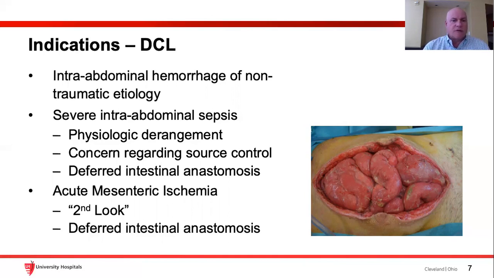Also in patients where there's concern regarding source control or deferred intestinal anastomosis, such as one that would be placed in a soiled peritoneal cavity. Acute mesenteric ischemia, especially after bowel resection, a second look and deferred intestinal anastomoses are standard.